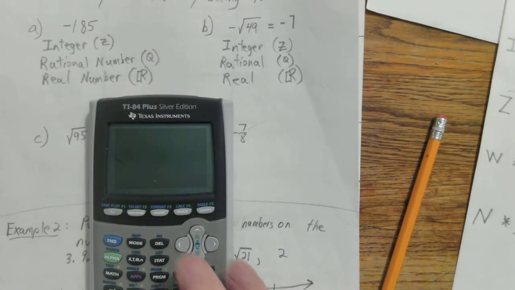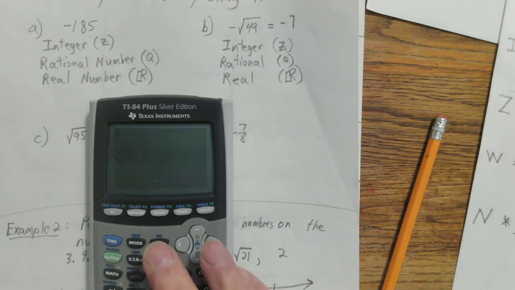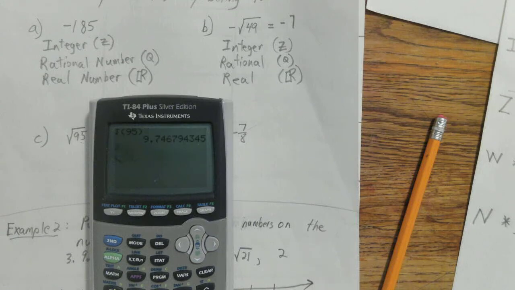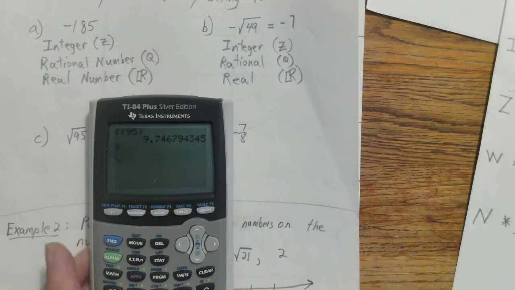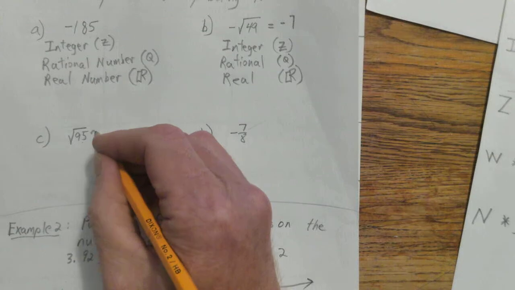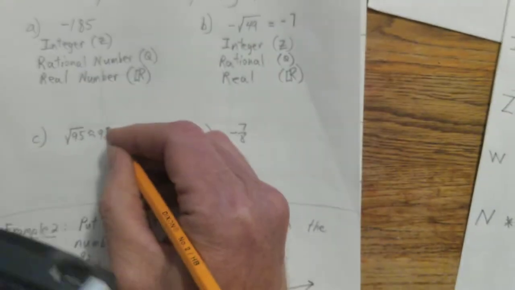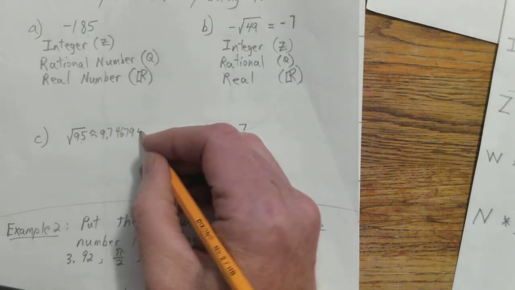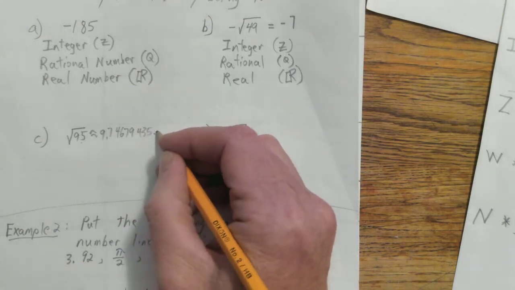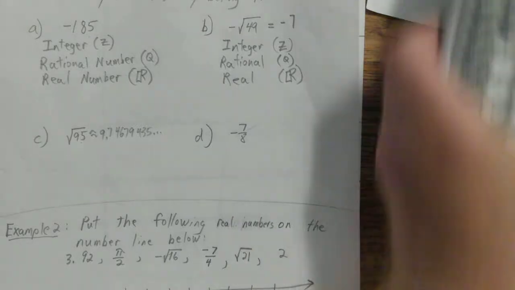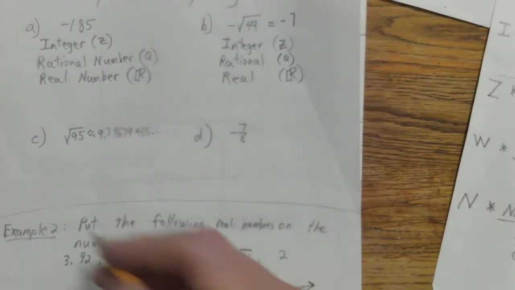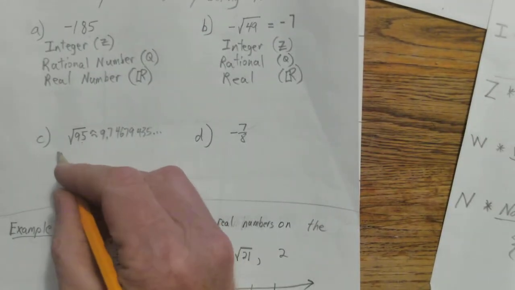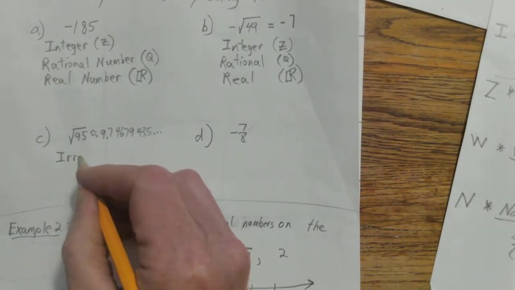Second, and then the x squared button. And if I hit 95, 9.7467, and then it's not exactly that, so it's 9.74679435, and then I'm going to put 3 dots. There's no line I'm putting. It's not a repeating decimal. When that happens, you're dealing with an irrational number.